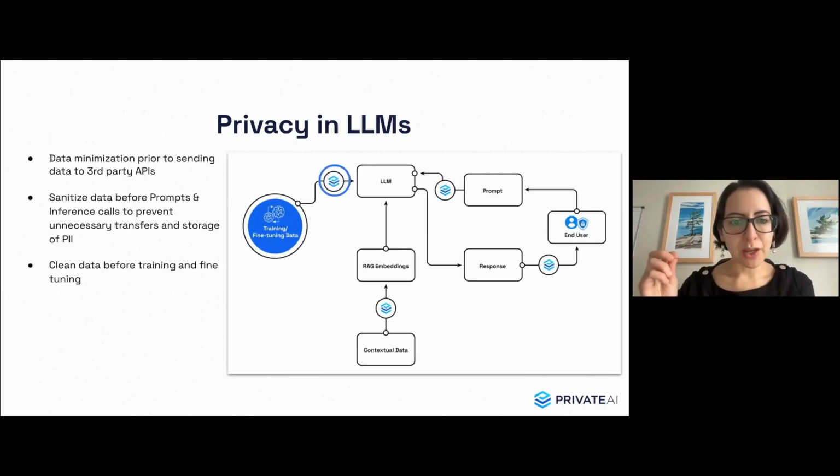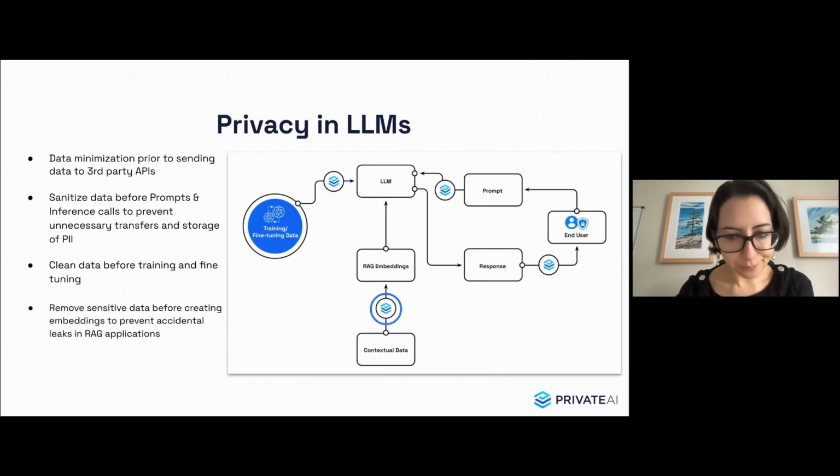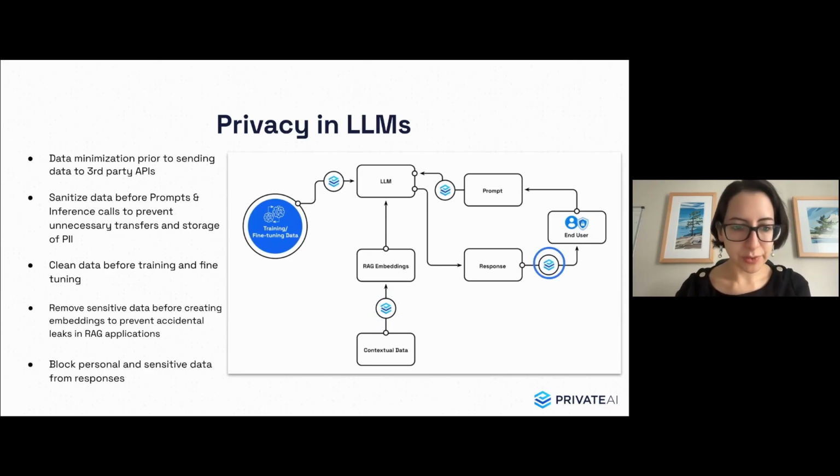As I mentioned, with regards to memorization of training data, it is important to de-identify the data before training or fine-tuning the large language models that you're creating. Of course, the contextual data that you are using to create these RAG embeddings, that should be de-identified, or at the very least have a proper privacy impact assessment and make a decision afterwards according to your use case.